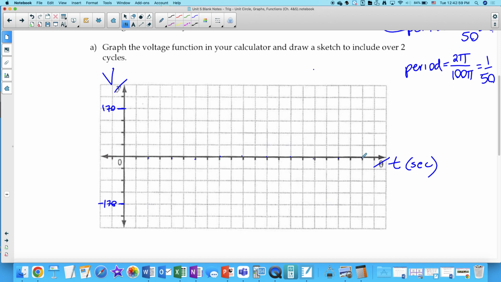Okay, so let's see, that's 2, 4, 6, 8, 10, 12, 14, 16. Okay, so this is going to be 2/50ths of a second, which means 8 squares, 2, 4, 6, 8. This is 1/50th of a second. So what I know is that in this little box, I need to see 1 cycle.